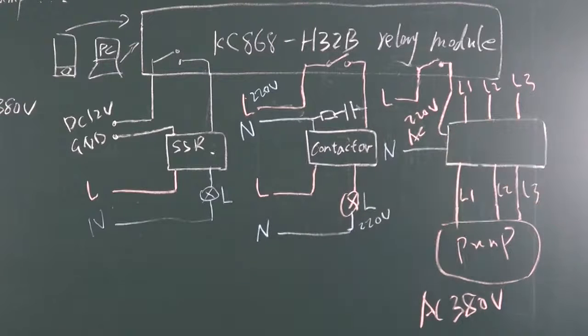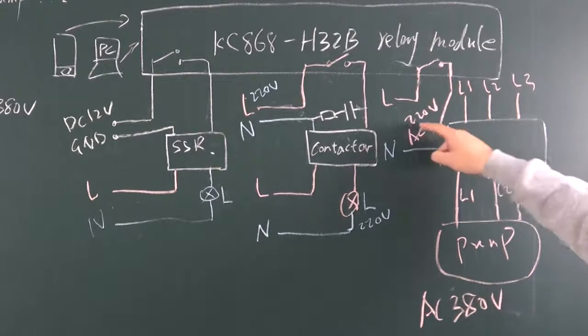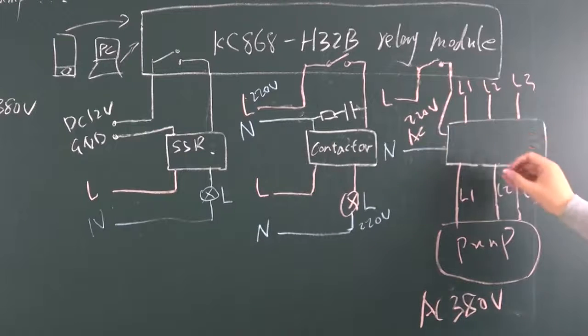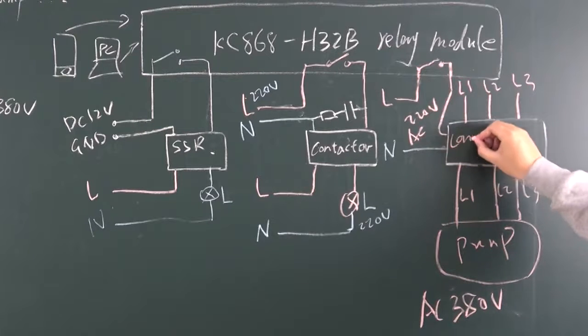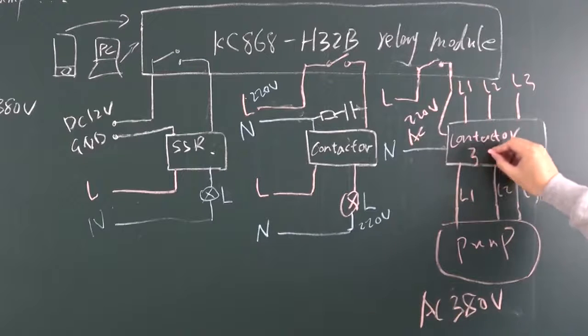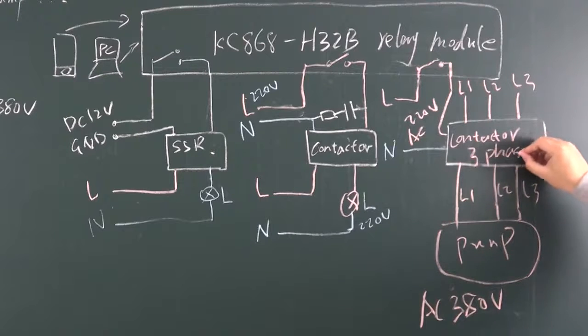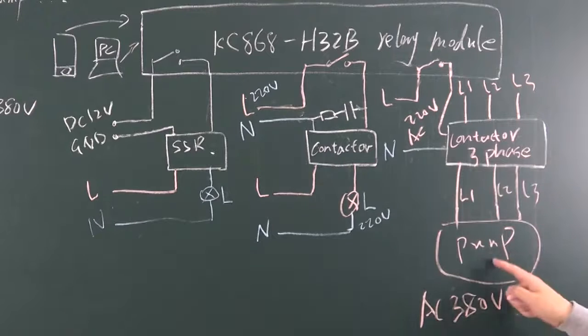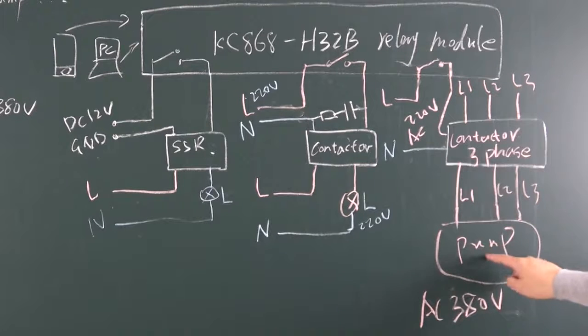This is AC, and this is AC 380 volt. The 220 volt gives the contactor, and the contactor is 3 phase. So we can control the 3 phase load.